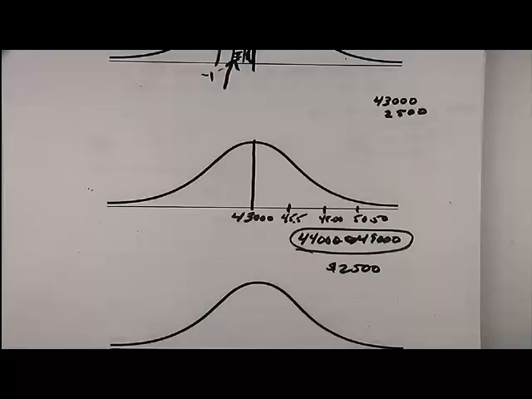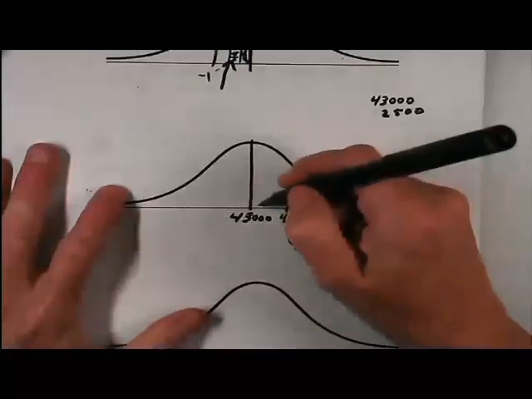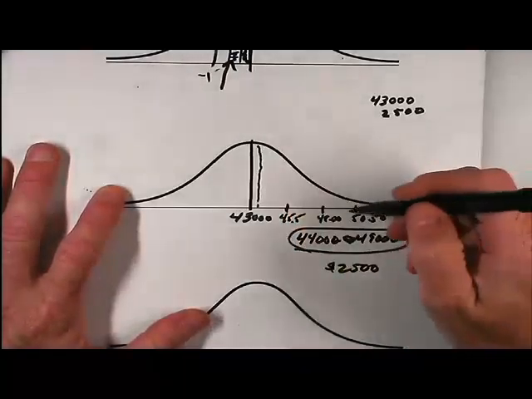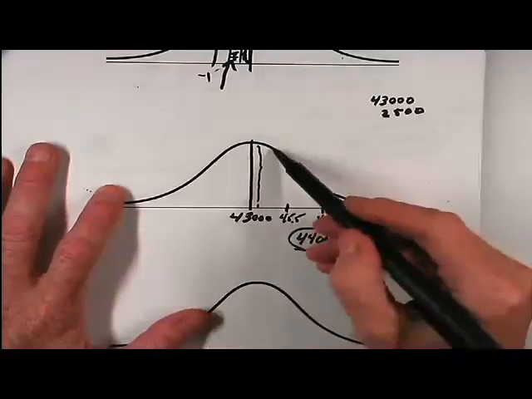Can I figure that out? Right? So I've got people that are making 44,000 all the way up to 49,000, and I need to know what percentage of the company qualifies for that raise. So I would start with, here's the 44, and there's the 49, so I'm looking for this range here.